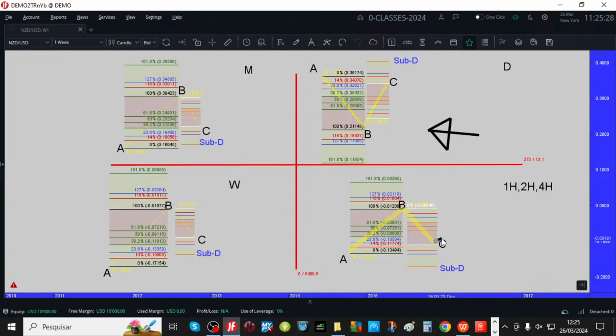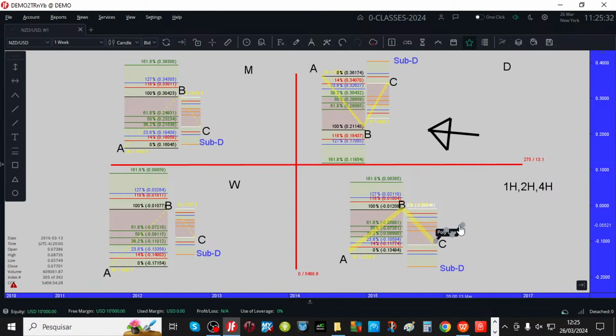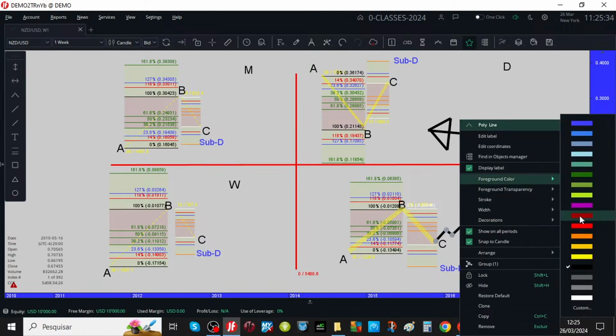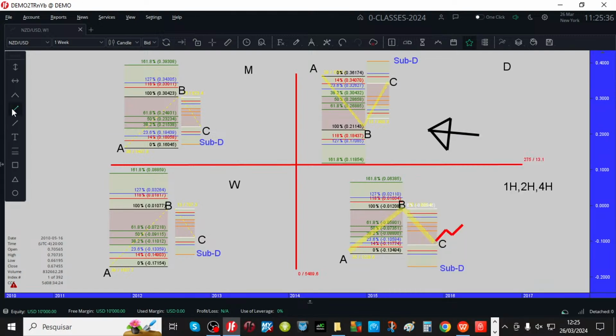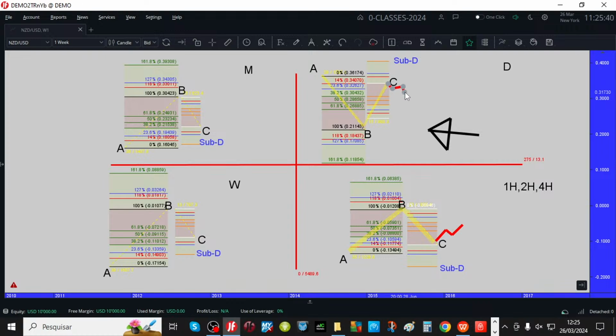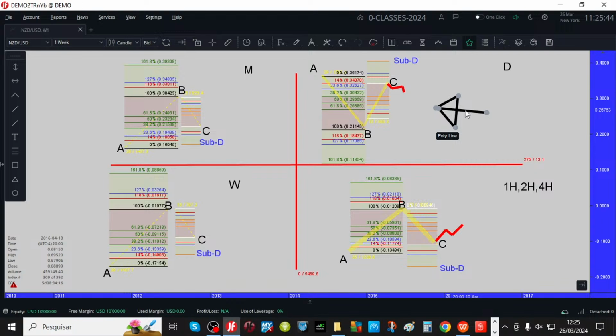So even if the 4-hour chart is going to do something like this, maybe, what is going to happen on the daily? Is the daily going up or down, based on the Fibonacci trading rules? Yes, the daily is going to fall and it controls the 4 hours. So what's the decision?